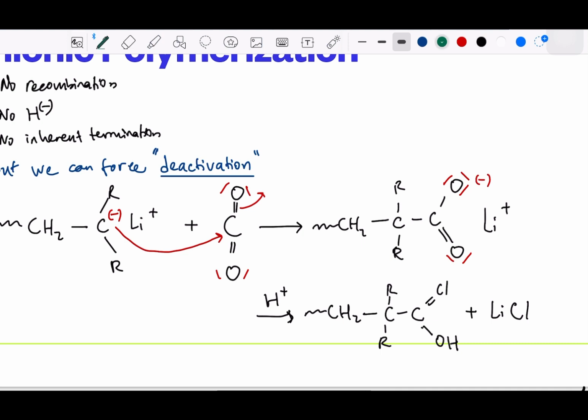So we can say this will be end group functionalization.